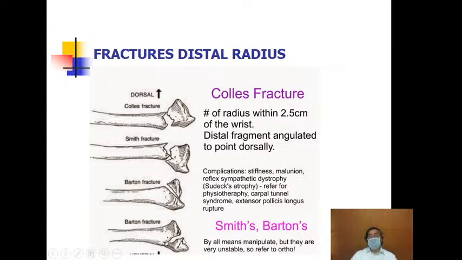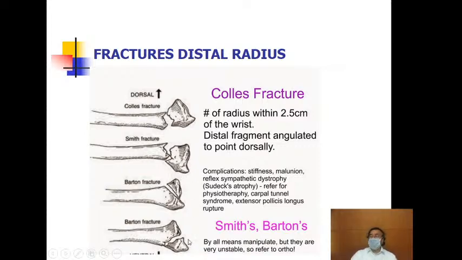If the fragment is on the ventral side, then it is called a ventral Barton's fracture. So basically, there are four important types of fractures: the Colles fracture, Smith's fracture, dorsal Barton and volar Barton.